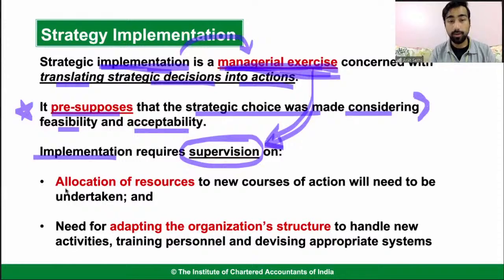One, allocation of resources, right? You have to analyze and supervise the allocation of resources to the new course of action that will be needed and undertaken. When the finance person will identify how much money will be allocated where, the production person will find the allocation of resources, where the raw material will come from. The sales person will allocate resources: I want to sell more in North India, or do I want to sell more in South India, East, West, Northeast?